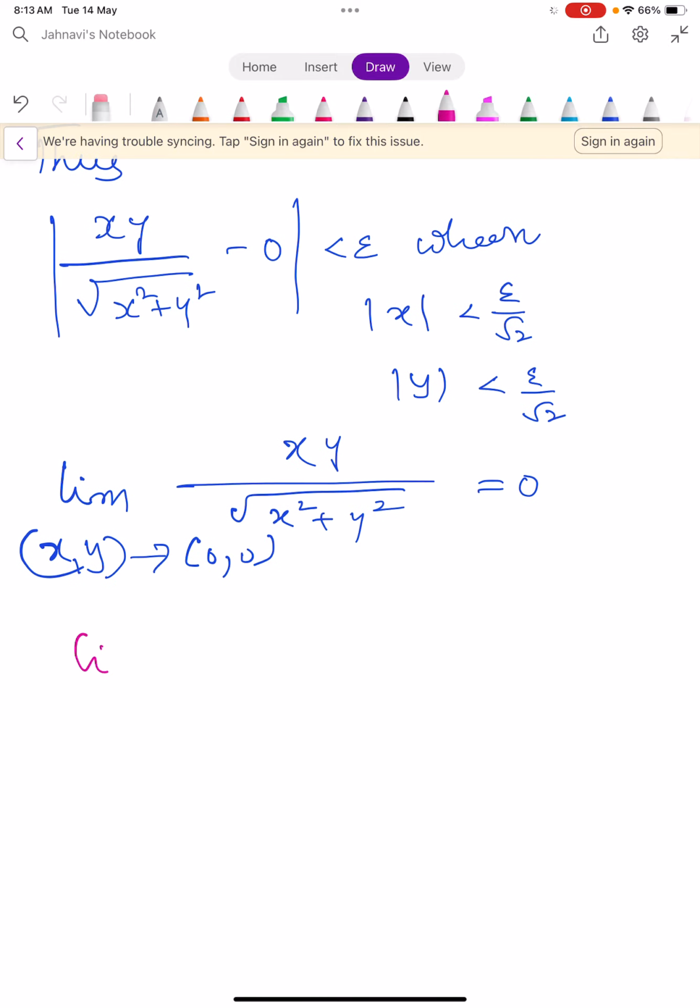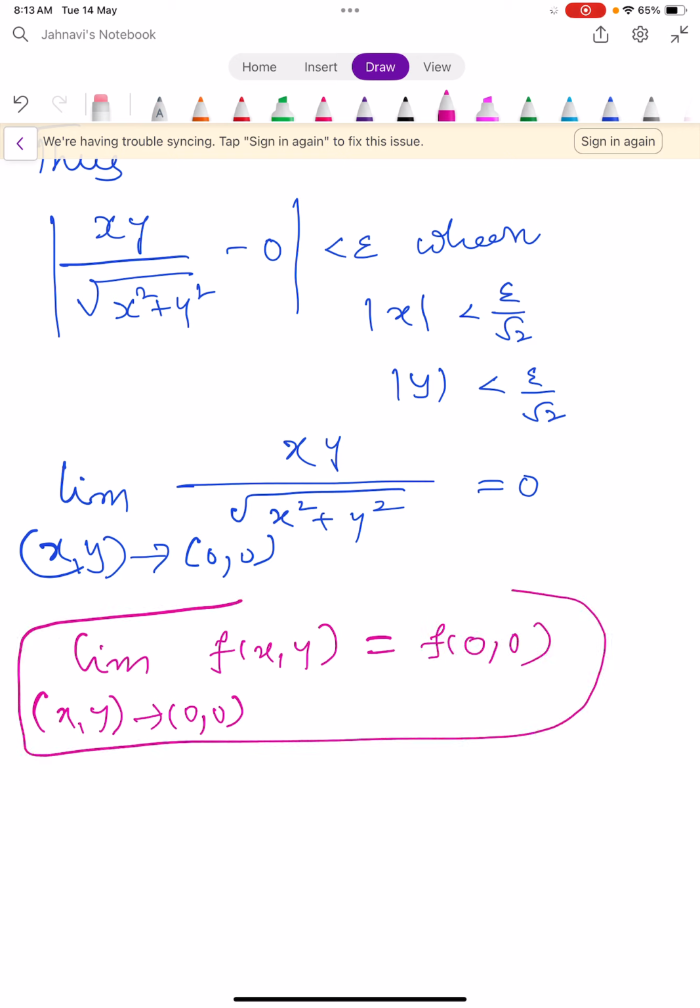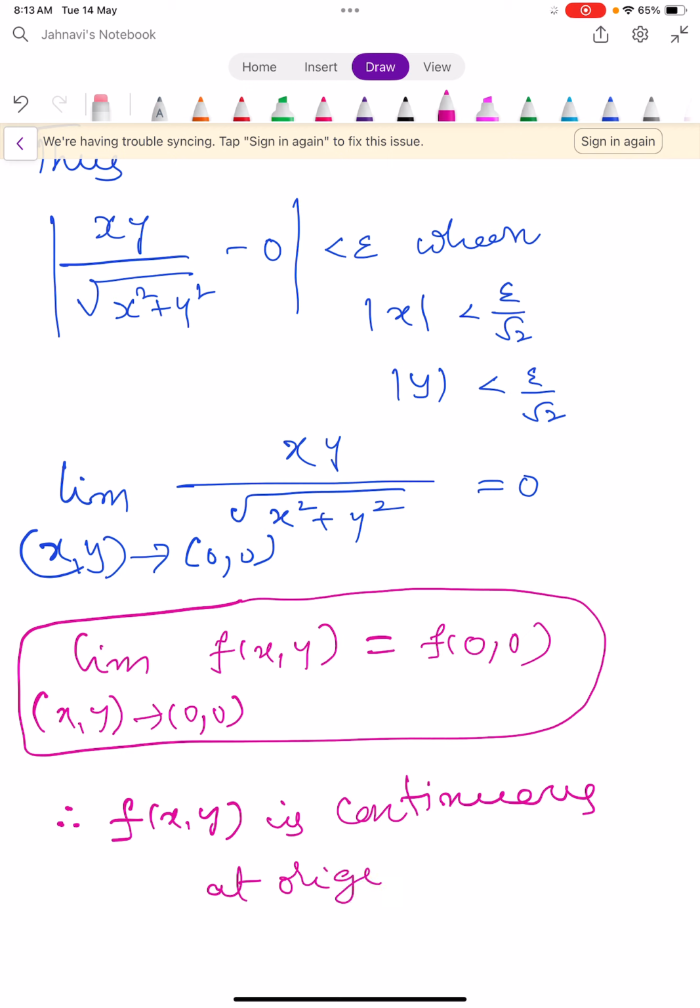It means limit x comma y tends to 0 comma 0 f of x comma y is equal to f of 0 comma 0. This is nothing but the continuity condition. Therefore, we conclude that f of x comma y is continuous at the origin. That's it. In the next video, we learn two more examples based on the same continuous functions.